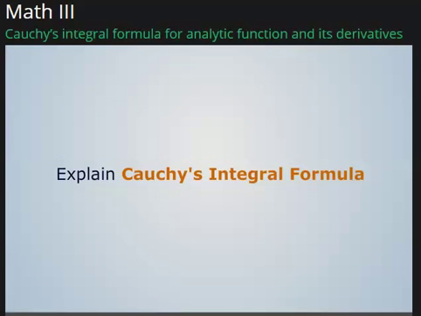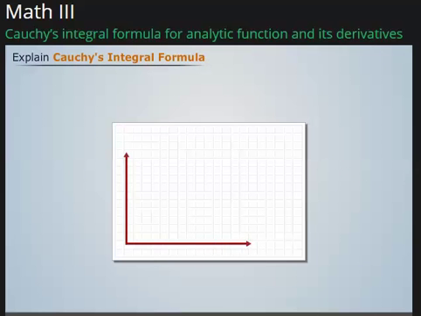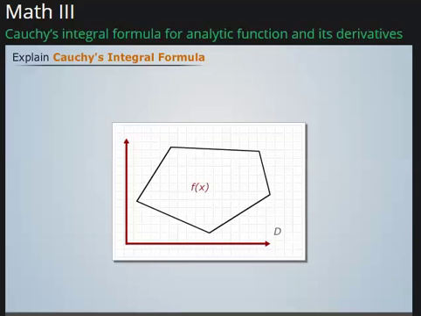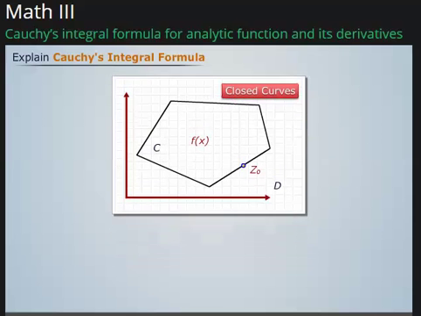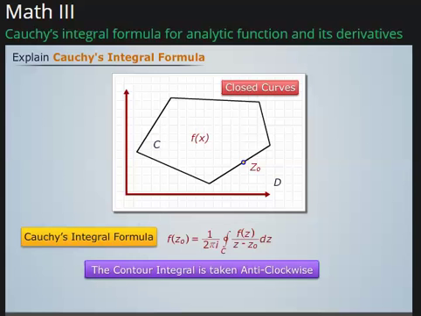Explain Cauchy's integral formula. Let a function f be analytic in a simply connected domain D. Let C be a simple closed contour lying entirely within D. If Z0 is any point within C, then according to Cauchy's integral formula, the contour integral is taken anti-clockwise.